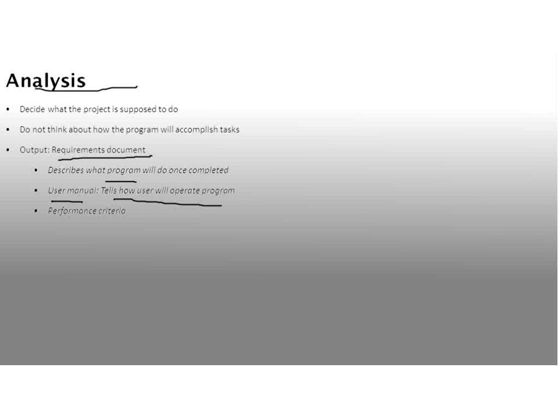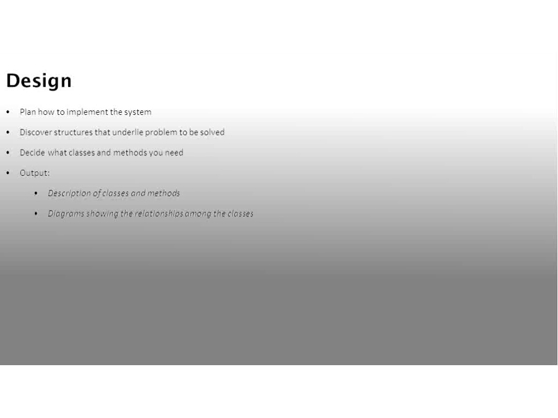Coding is not done at this phase. We just have to find out the requirements of the software. And the output will be a user manual which will tell the user how the program will be operated, and it will also tell the performance criteria.